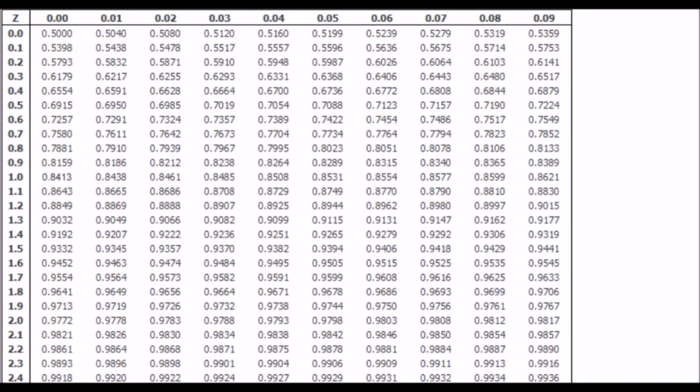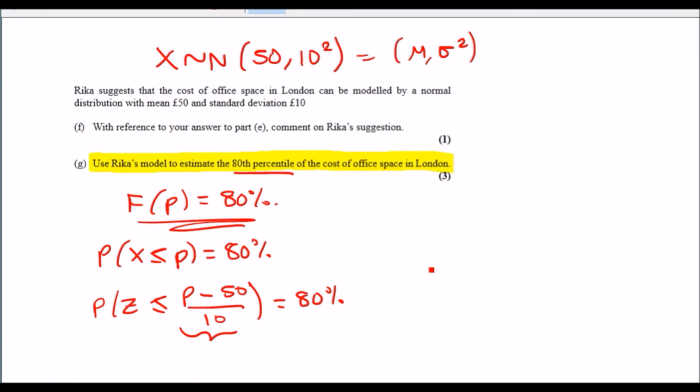So this equals roughly 0.84-ish. It's kind of hard to get because it's very tight. Then we say, therefore, P minus 50 over 10 must equal 0.84. Then you just solve it.